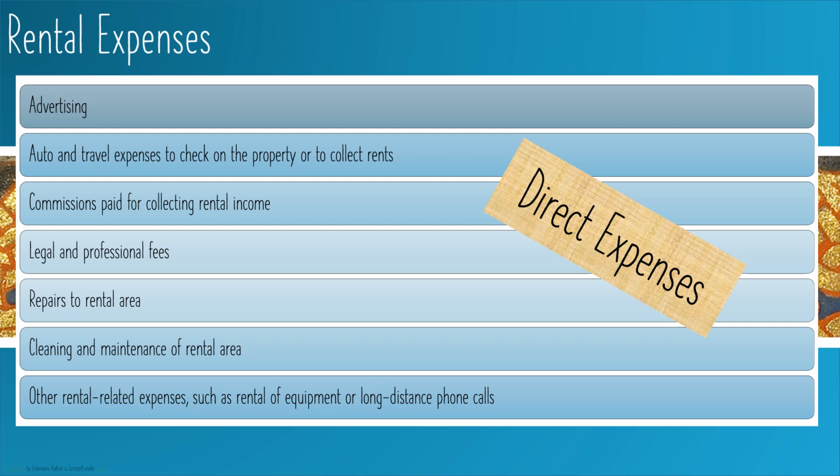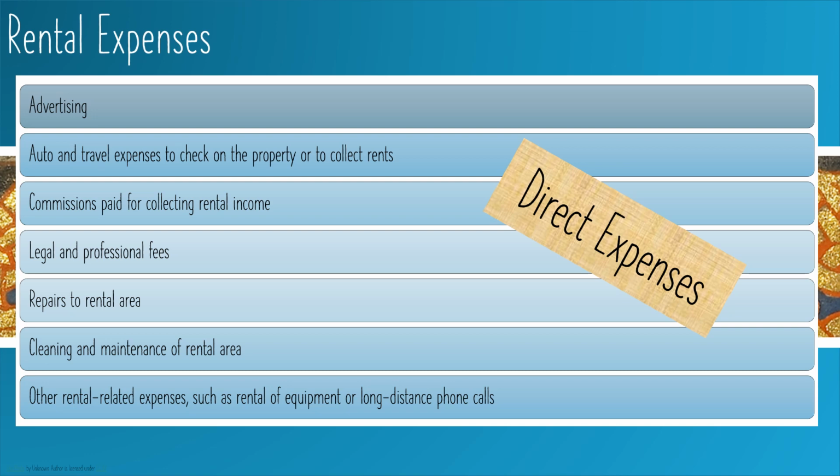Commissions paid for collecting rental income, legal and professional fees that are associated with the rental property, and then repairs to the rental area and cleaning and maintenance of the rental area. Again, if it's for that rental area, then it would be direct. If it's an expense that kind of covered the whole home, then you might be looking at an indirect expense that needs to be allocated.